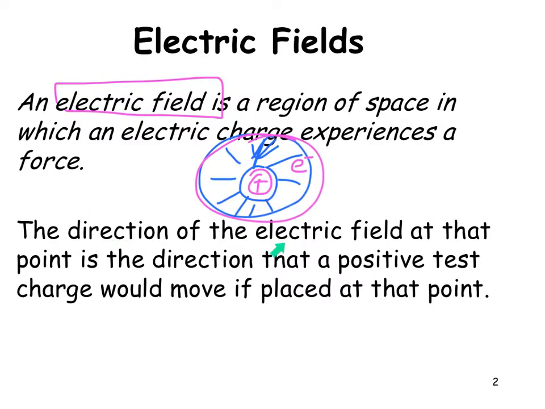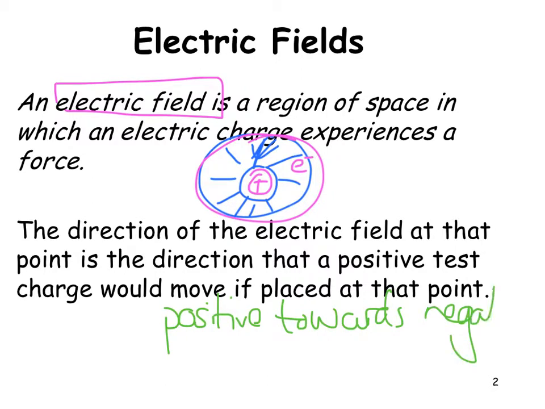The direction of the electric field at any point is the direction that a positive test charge would move. So if something is positive, it will obviously move towards negative. So that is the direction of an electric field, from positive towards negative.